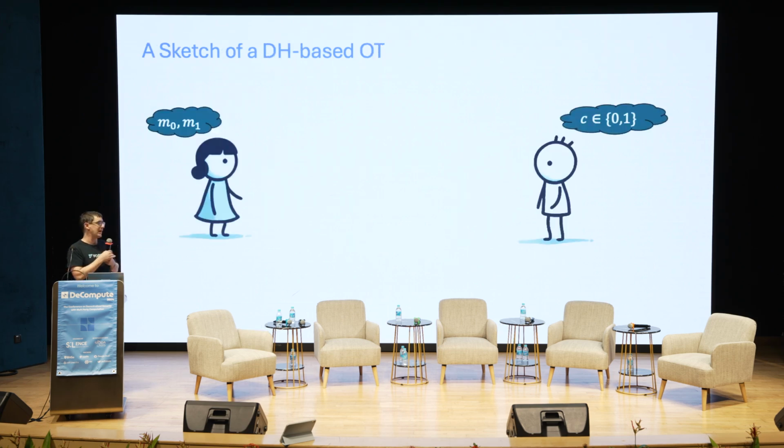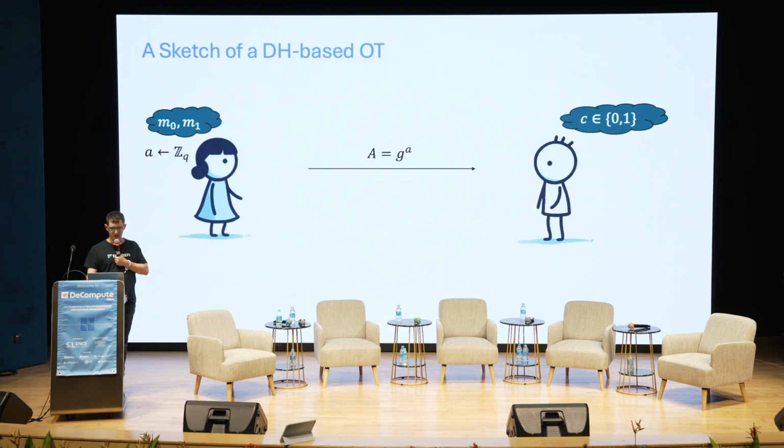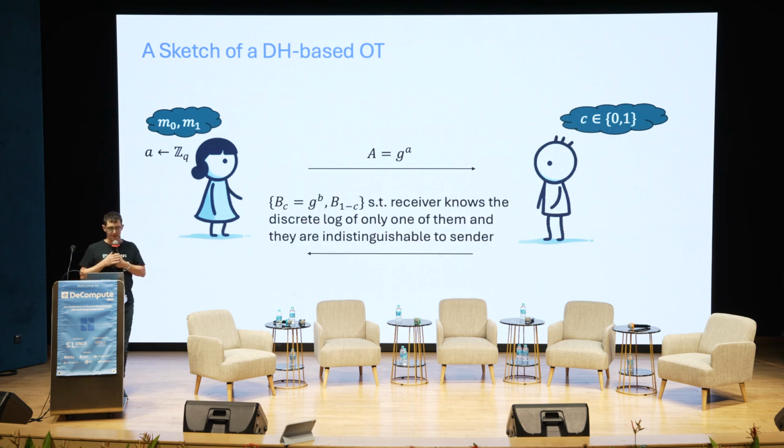So how do you build oblivious transfer by applying that same idea? Here we have the sender that has two messages, M0 and M1, and the receiver that holds a bit. Like in Diffie-Hellman key exchange, Alice chooses her secret integer a mod q, computes g to the a, and sends it to Bob. Then the idea is that Bob, instead of sending just one public key to the sender, will send two public keys.